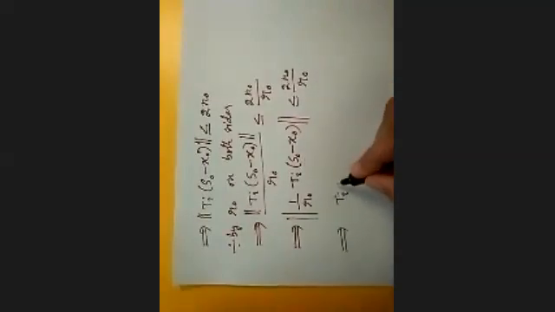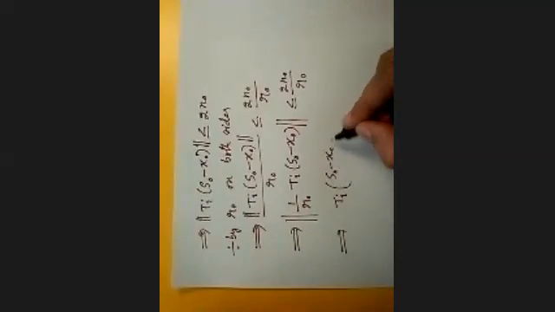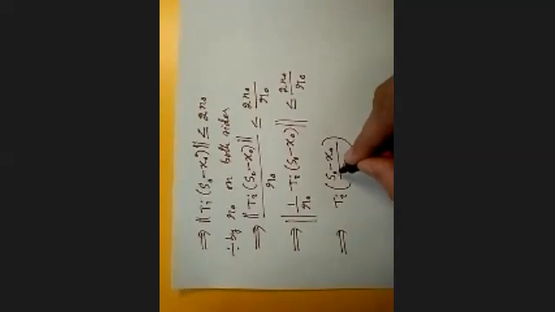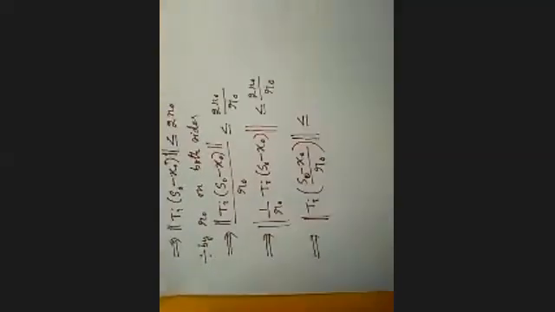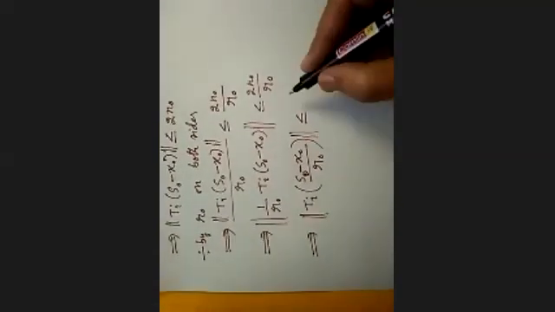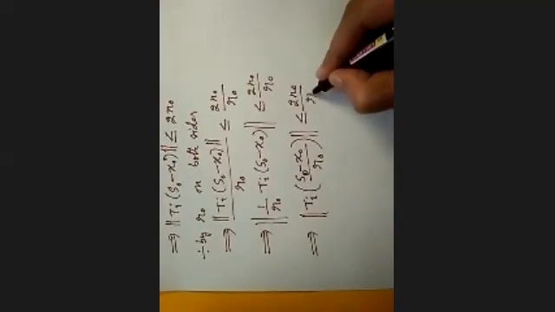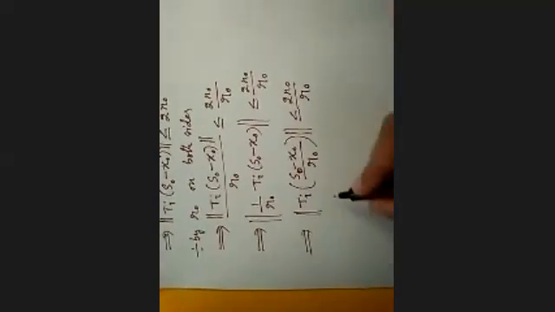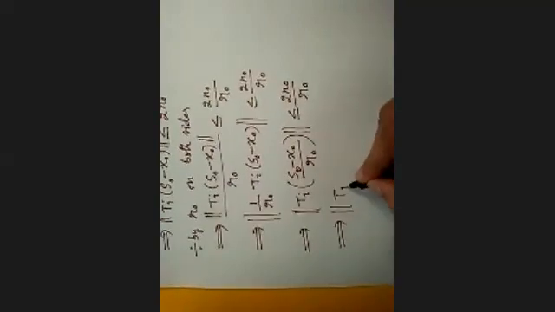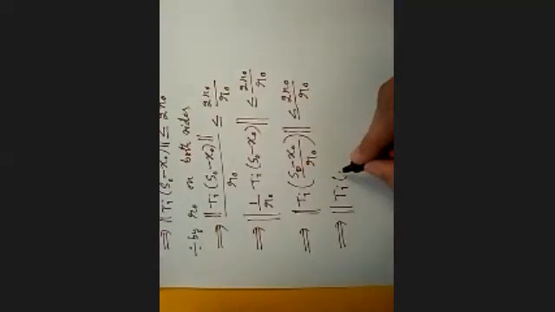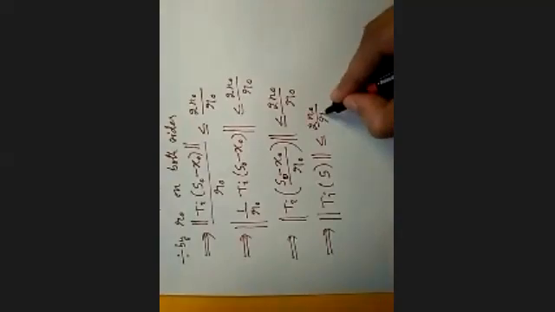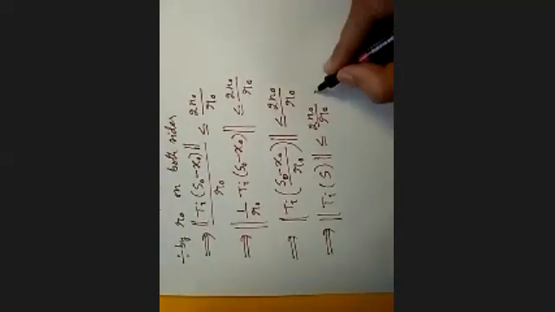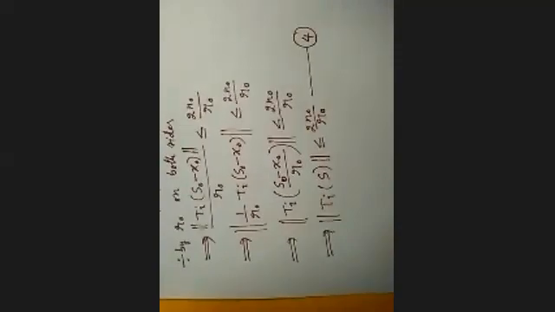So Ti of X naught minus X naught divided by R naught, norm of this is lesser than or equal to 2N naught by R naught. Let us call this as equation 4. This is our step 4.